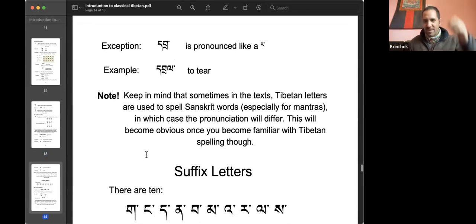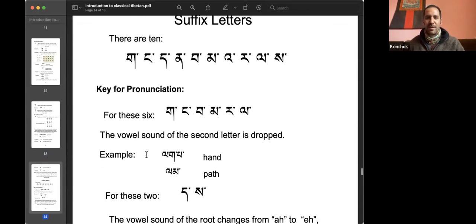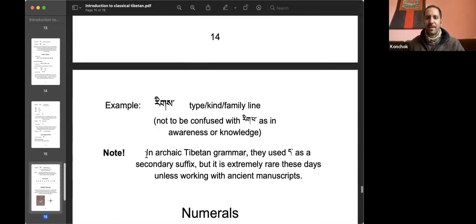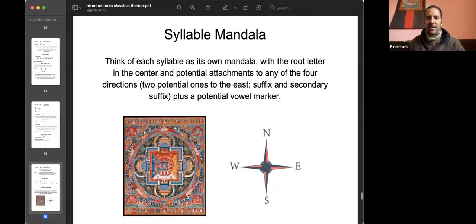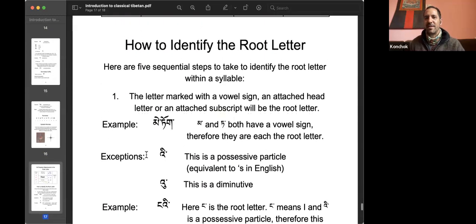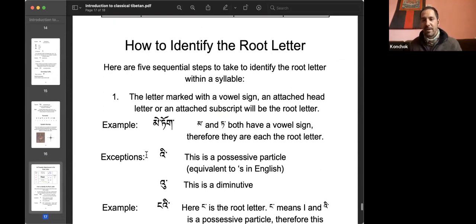So I guess we won't have time to finish these suffix letters, but just so you guys know, down here are a few ways to identify the root letter, not rules. You can look through them.